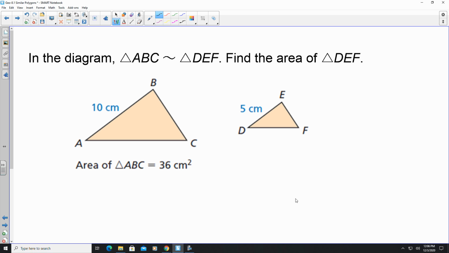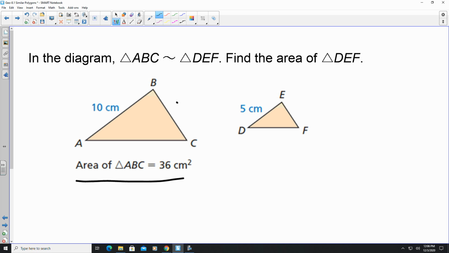Looking here, it says that triangle ABC is similar to triangle DEF. They want us to find the area of DEF. They tell us the area of ABC, which is 36 square centimeters. The first thing we can do is look at our two figures.